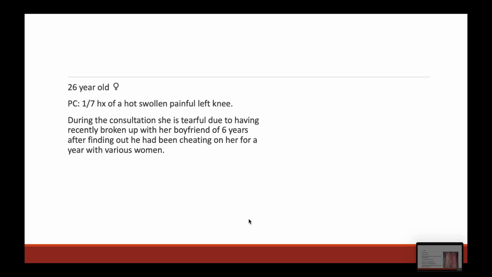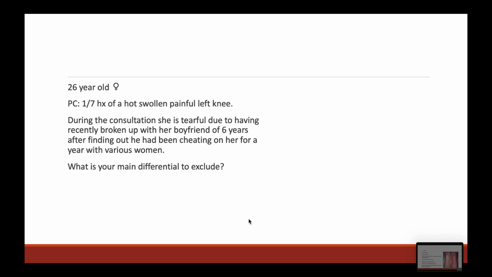Okay, we've got a 26-year-old lady who presented with a 1-day history of a hot, swollen, painful left knee. So similarly with the other case, you really want to rule out any sort of septic joint, especially in this case where you know that her boyfriend has been sleeping around.